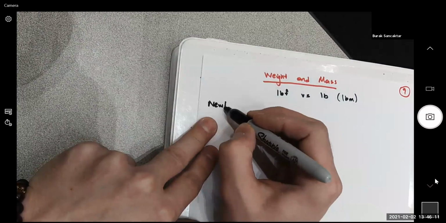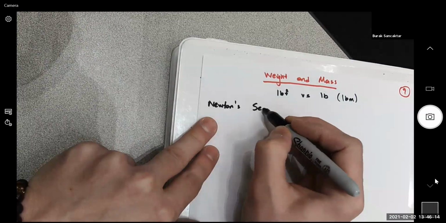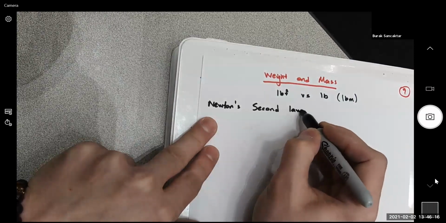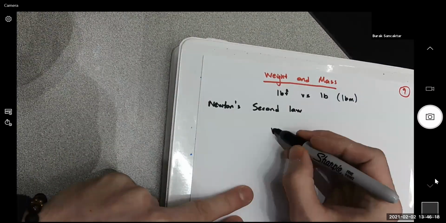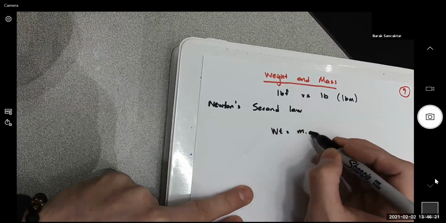For Newton's second law, weight will be mass times gravity.